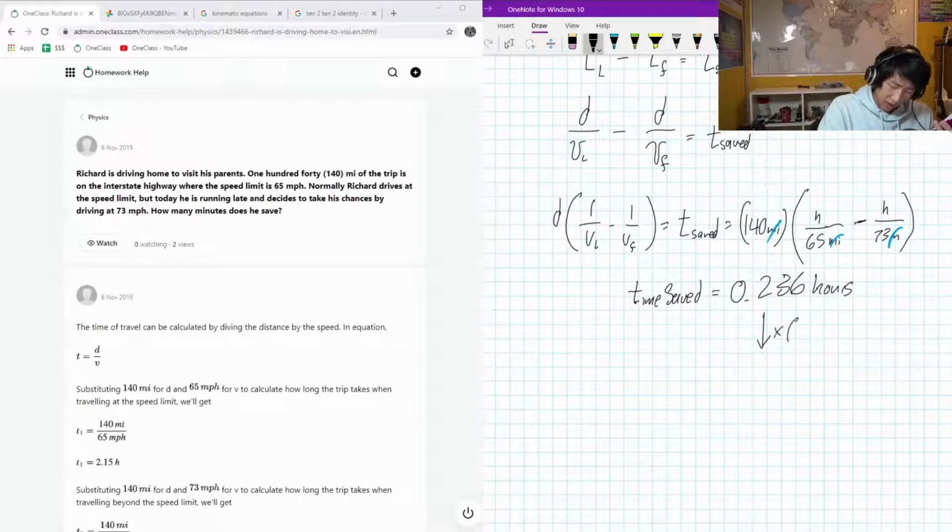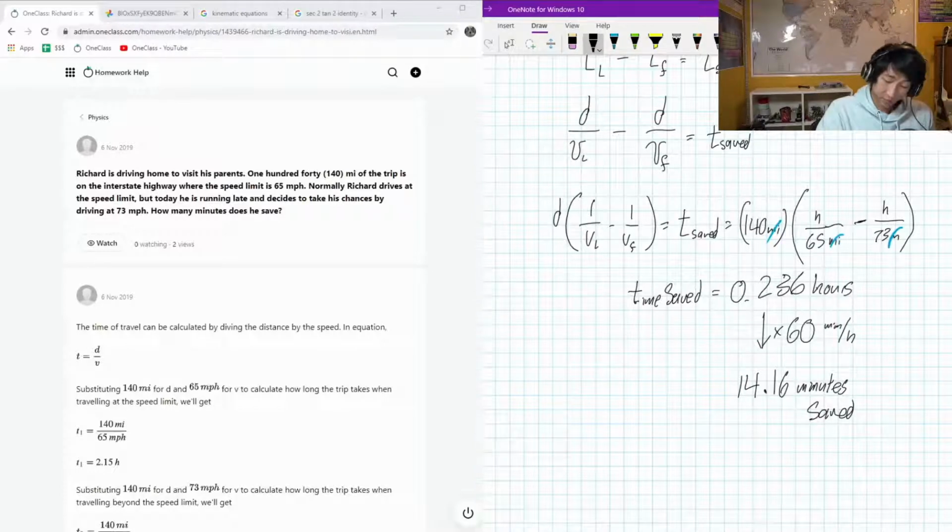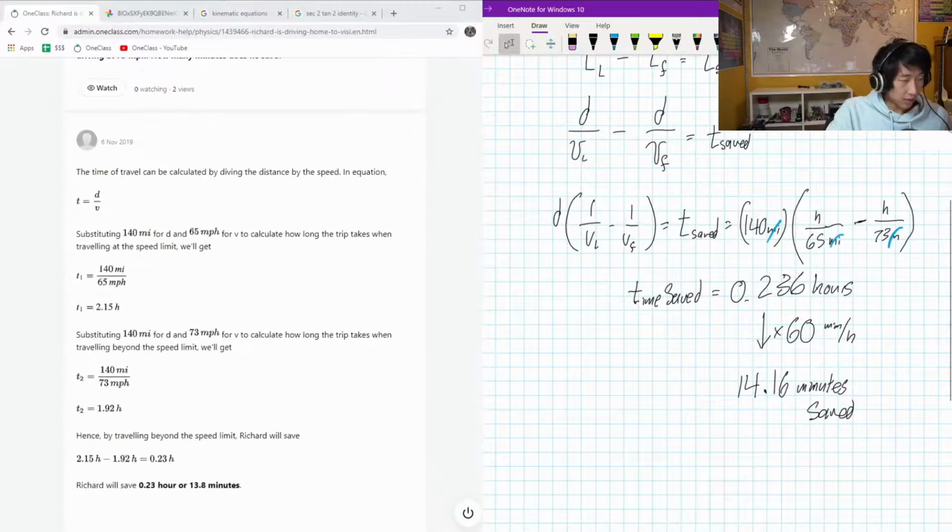Multiply by 60 minutes per hour, and the hours will cancel out. Multiply that by 60 and you will save 14.16 minutes. So that will be how many minutes you saved.